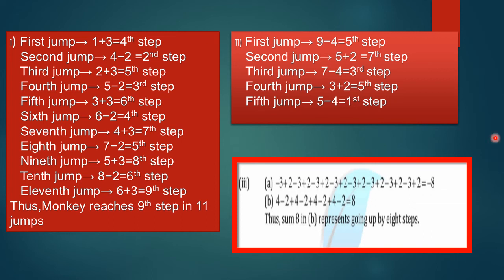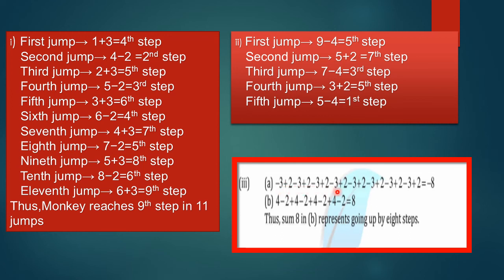In the third question it is told that the number of steps moved down is represented by a negative integer and the number of steps moved up by a positive integer. So in the first question, according to this, 3 steps down and 2 steps up.